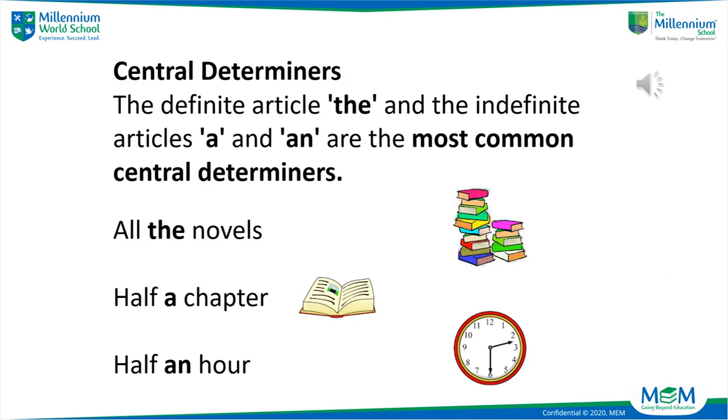Central determiners. The definite article the and the indefinite articles a and an are the most common central determiners. For example, all the novels, half a chapter, half an hour.